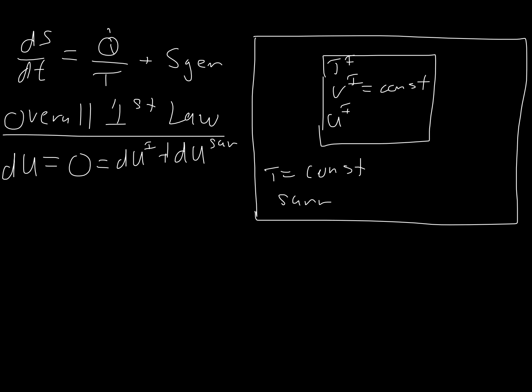Any energy that's lost by the surroundings is gained by the system, which means that the total energy of this arbitrarily small universe or infinite universe that we've created is maintained constant. So in other words, dU of I is equal to minus dU of the surroundings.